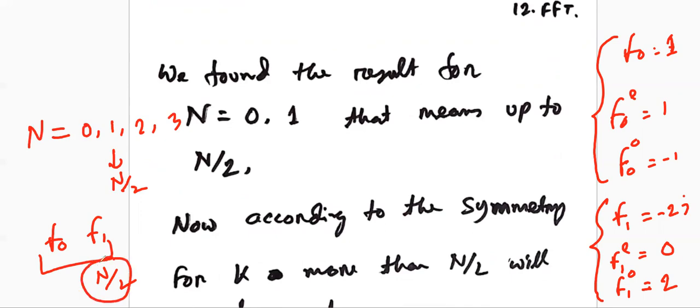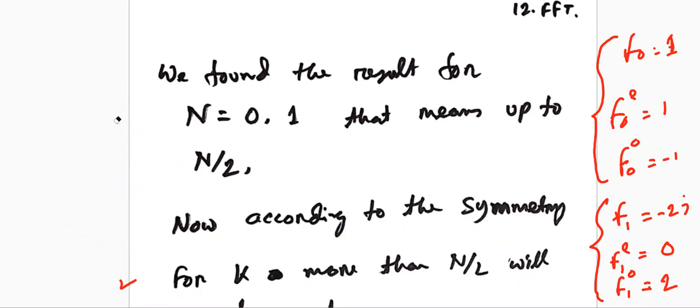After n by 2, everything will repeat, isn't it? Everything will repeat. So no need to do any sort of calculation anymore, because if we do it for 0 and 1, we can derive it for 2 and 3. And now we can see how to derive those things for n equals 2 and n equals 3.